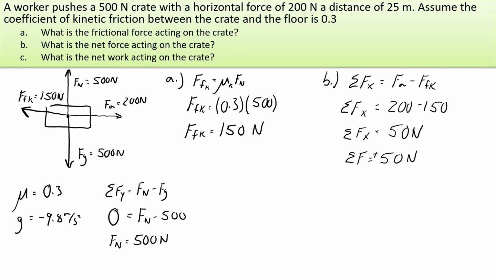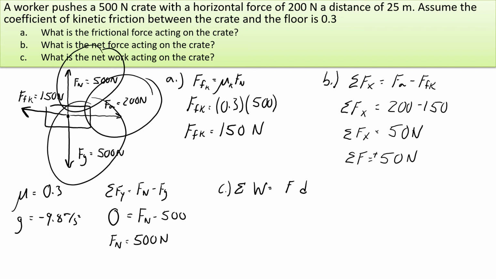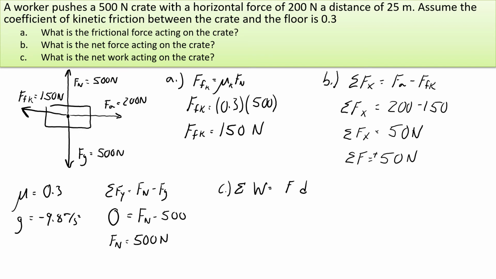Now part C says, what is the net work acting on the crate? Now that we know what this net force is, we can use that to find the net work. We know the work is equal to the force times the displacement. There's work being done by all of these forces. Actually, the normal force and the weight aren't doing any work, because it's not being displaced up or down at all.